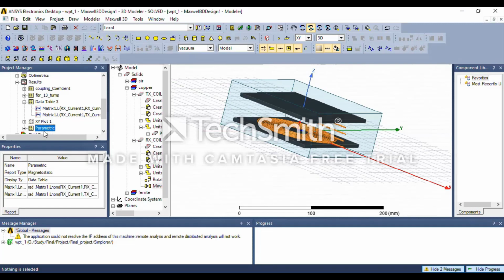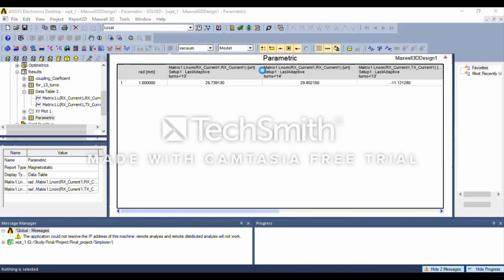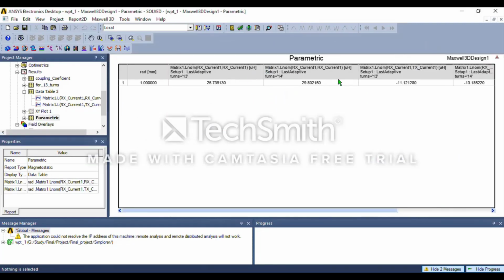As you can see, in the parametric analysis we previously saw, along with the self inductances, we have also got values for mutual inductance. For 13 turns it is nearly about 11.12 microhenry, and for 14 turns it is about 13.18 microhenry.